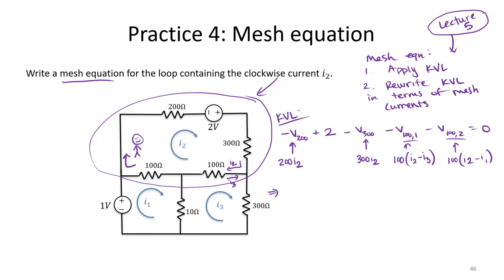So finally, if we substitute everything, paying attention to negative signs, we end up with negative 200 I2 plus 2 volts minus 300 I2 minus 100 times (I2 minus I3) minus 100 times (I2 minus I1) equals 0.